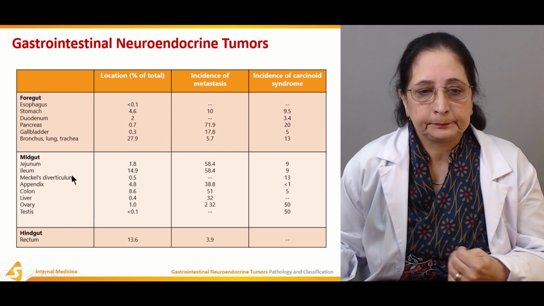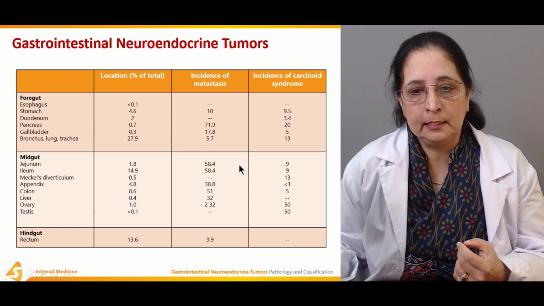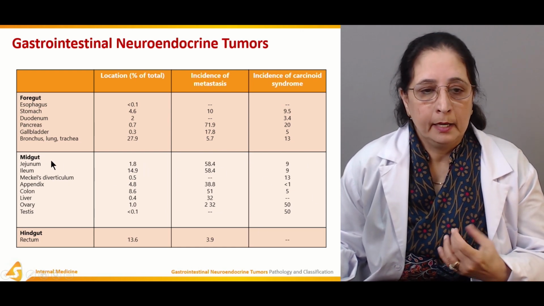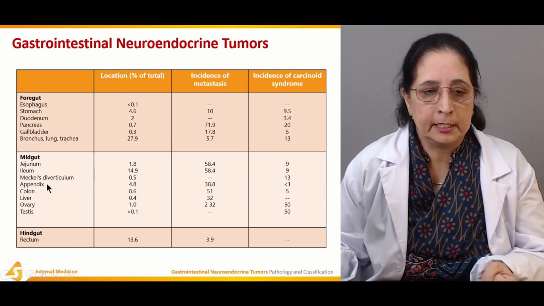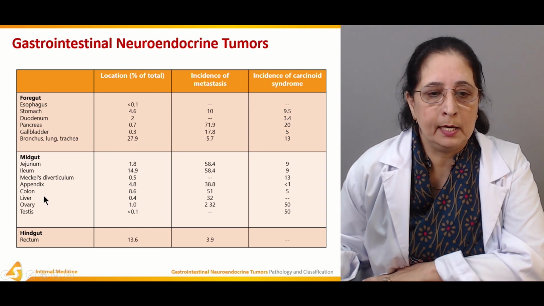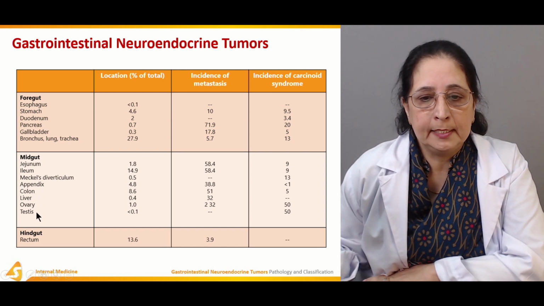Then midgut, again, these are some values given, in which we have jejunum, ileum, Meckel's diverticulum, appendix, colon, liver, ovary, testes.